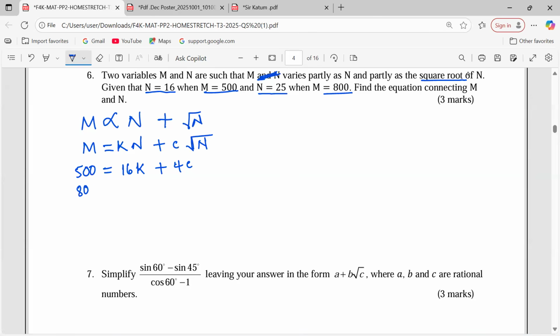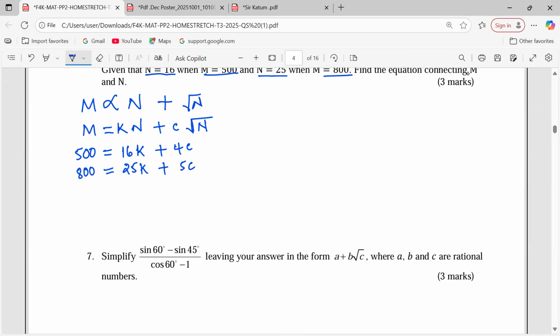So 800 equals 25K plus C multiplied by the square root of 25, which is 5C. You see now we already have the two equations. These are the two equations that we shall solve simultaneously to get the values of K and C, which are the constants that connect M and N.